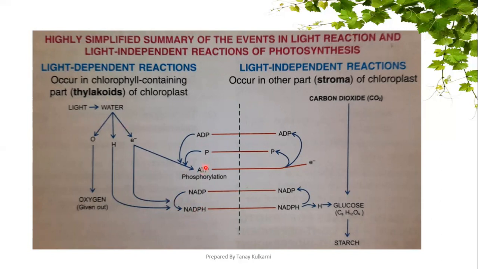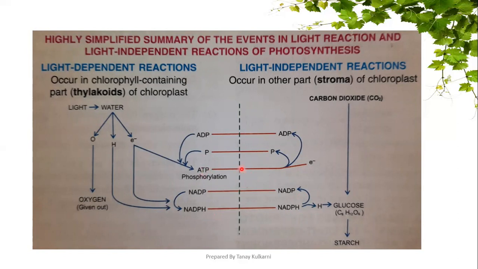Now these two, NADPH and ATP, will leave the grana and enter into the stroma. NADPH will break down into NADP plus H, hydrogen will go to the carbon dioxide, and NADP again enters the thylakoid and completes this cycle. So it goes on continuously throughout the day and time.